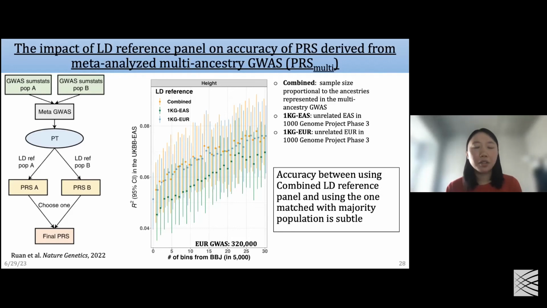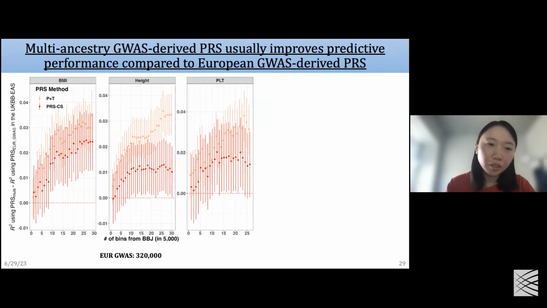After constructing both PRS-multi and PRS-single, we want to compare these two different PRS. The y-axis here shows the accuracy difference between them. Any point above this line shows that the accuracy using PRS-multi is better, and similarly, any point below the line shows that the PRS using European GWAS is better.